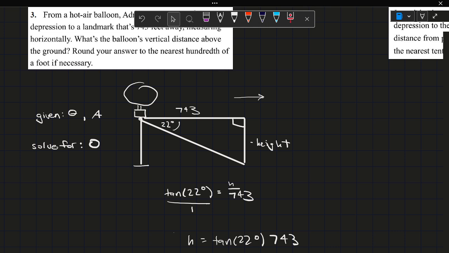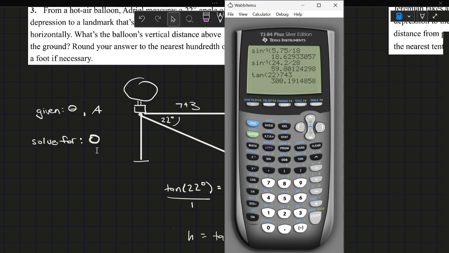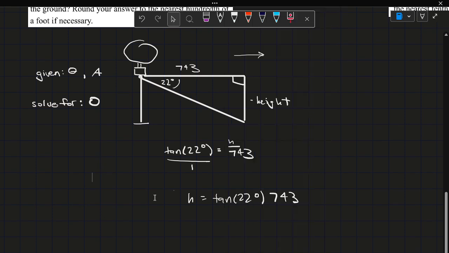Let's plug that in real quick. So yeah, our answer is 300.19 feet.